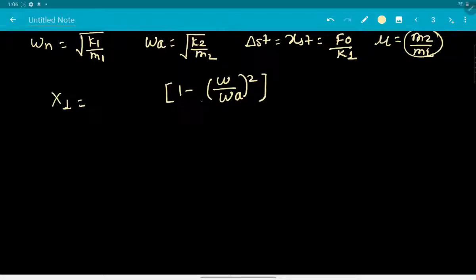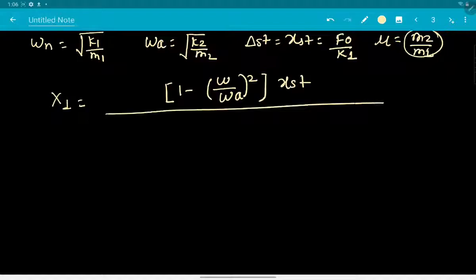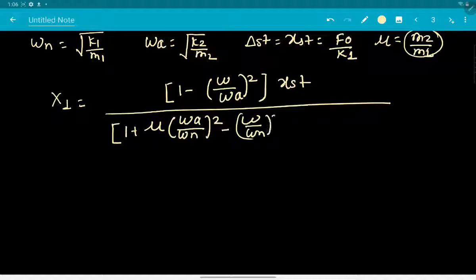So this term will come over here in the numerator together with f1 by k1, which comes out to be equal to f0 by k1, that is xst, divided by 1 plus mu times omega a by omega n square minus omega by omega n square.